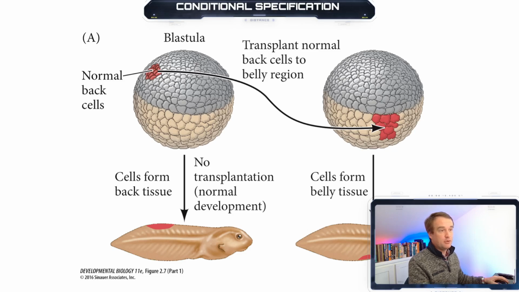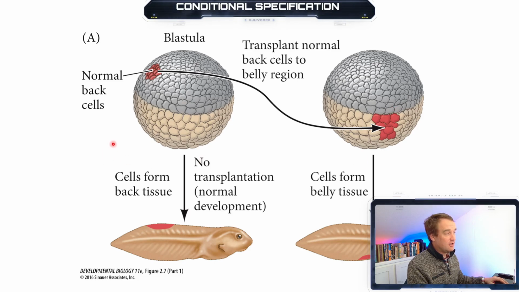So let's look at an example here. Here we have an experiment where they took cells from one location, which are normal back cells, from this blastula, and transplanted them to the region which normally would be belly cells.